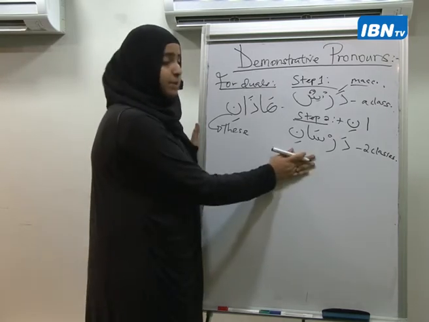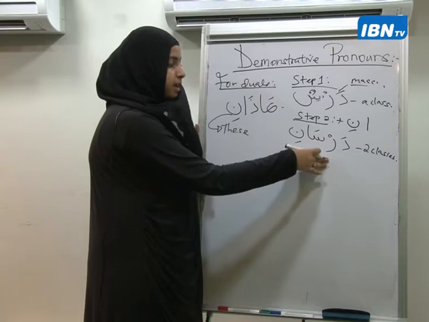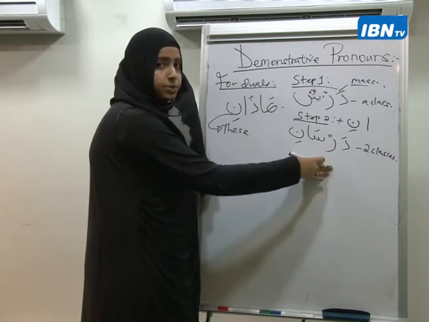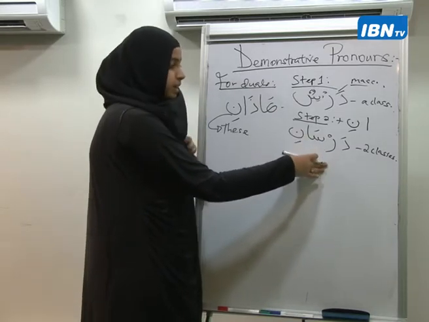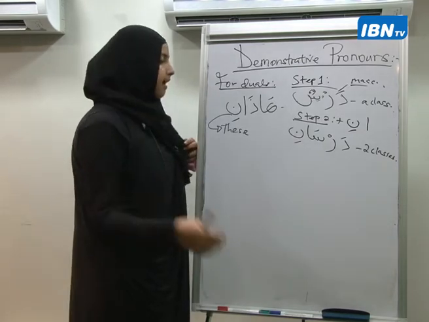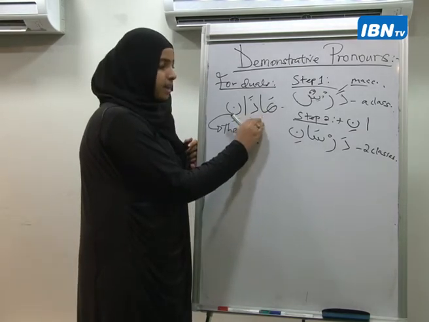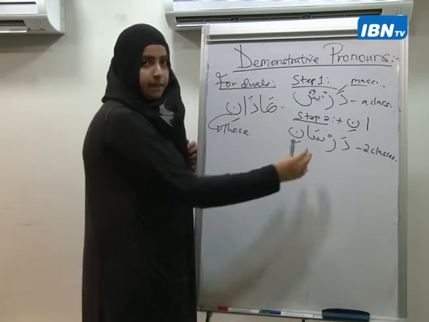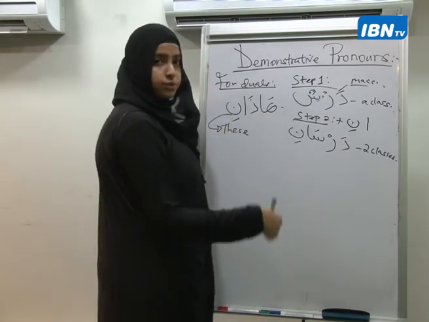Right, so now I have identified that this word here is dual and this word here is masculine as well. So what am I going to use if I want to say these are 2 classes? I'm going to say hadani darsani, which means these are 2 classes.